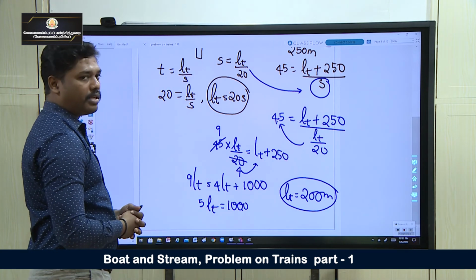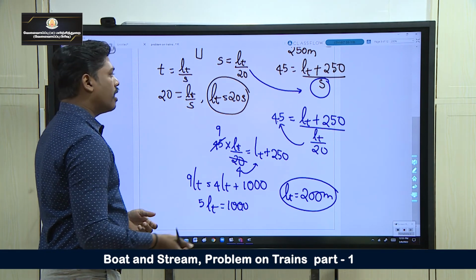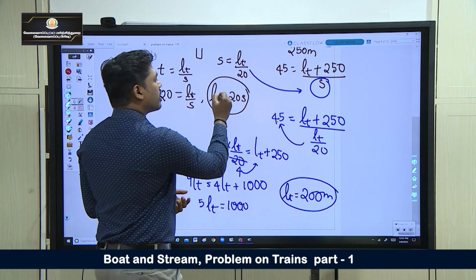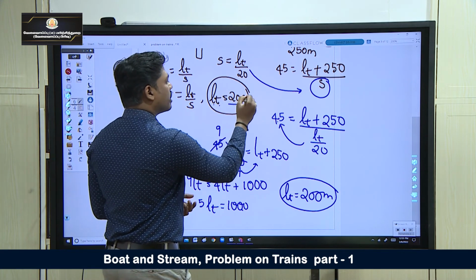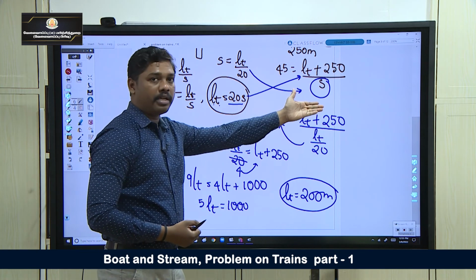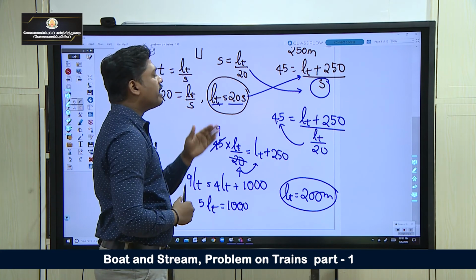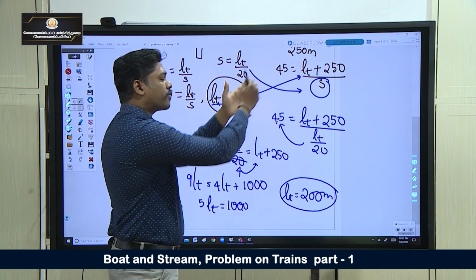Suppose they are asking what is the speed of train, they are not asking length. At that time, we can substitute length of train equal to 200 in this place. You will be getting the speed. We are having two unknown variables. When they are asking speed, substitute length of train.